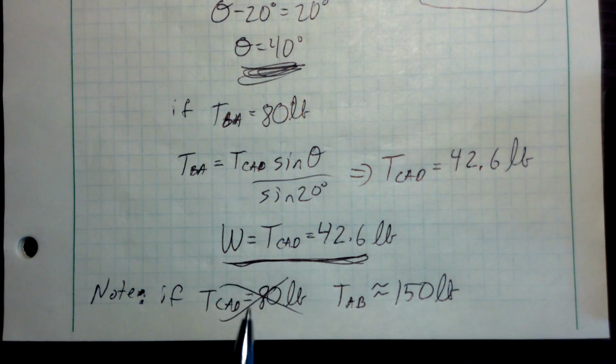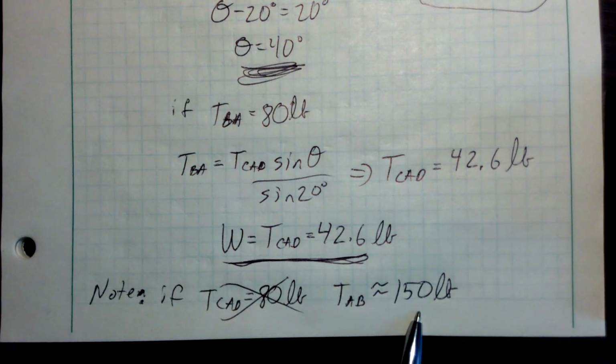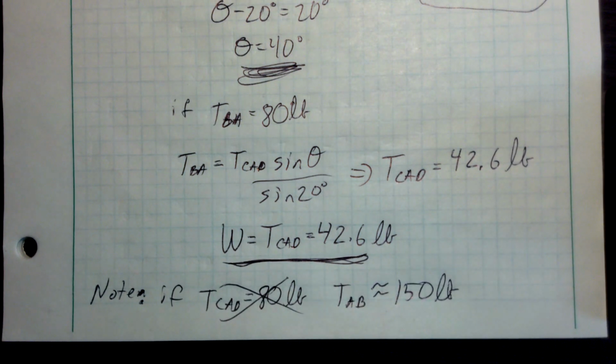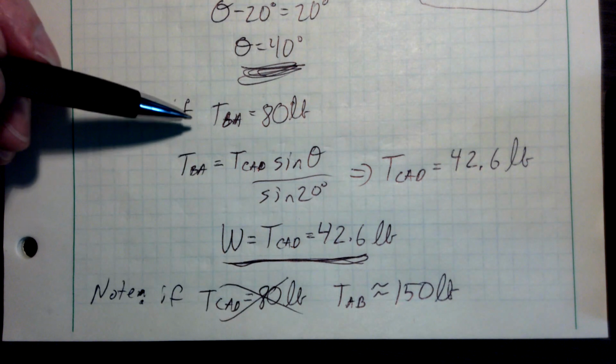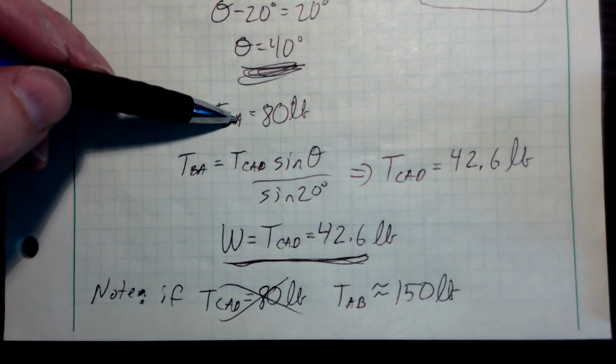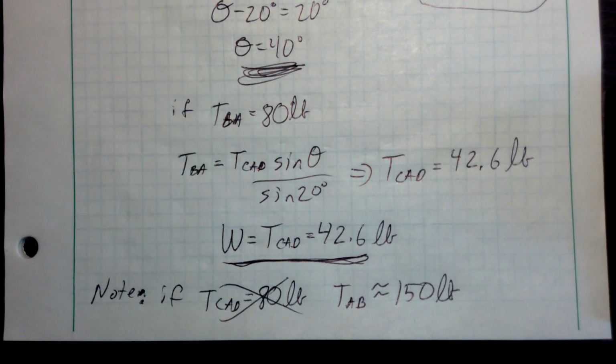So if we started here and said, let TCAD be 80 and we solve for TAB and found it to be greater than 80, then we'd have to go back and do this one. We'd say, okay, let's let the other one be 80 and solve. And that's where we find the answer.